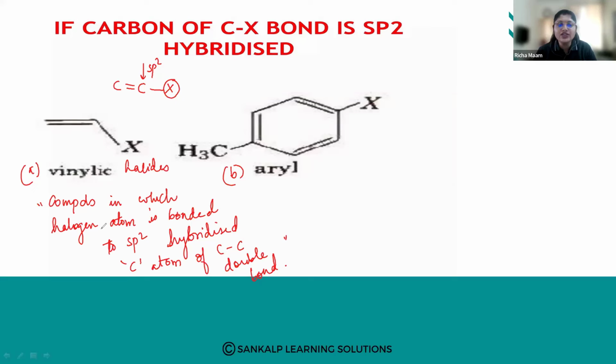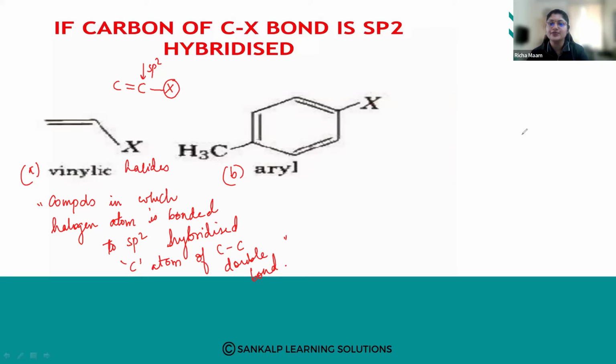Compounds in which the halogen atom is bonded to an sp2 hybridized carbon atom of a C=C double bond are called vinylic halides. Next is aryl halides. What do you mean by aryl halides?